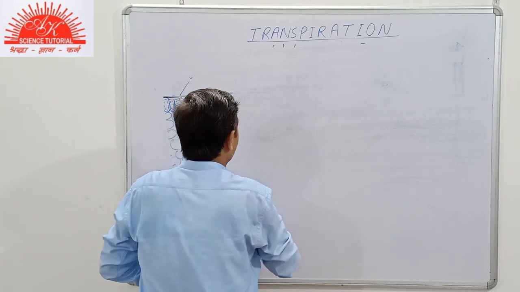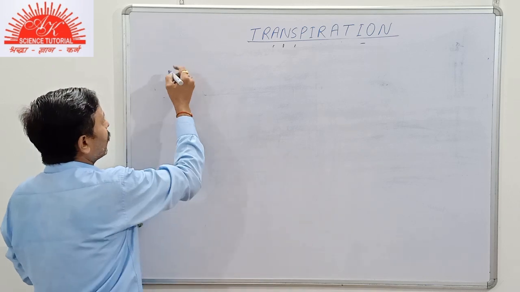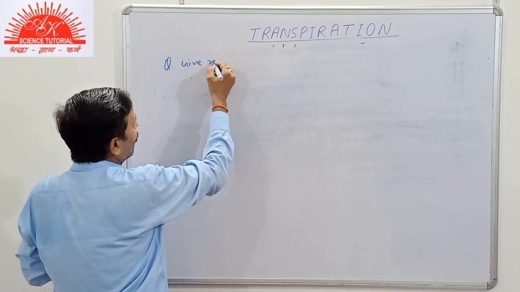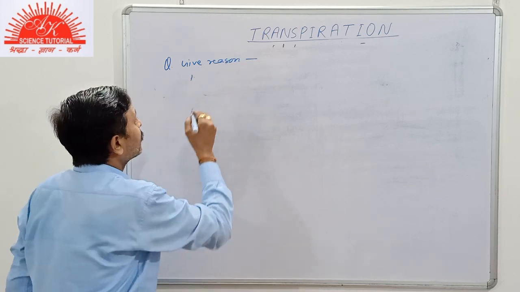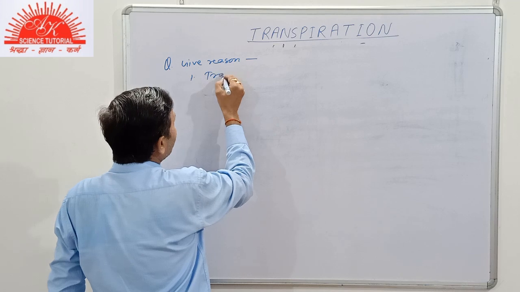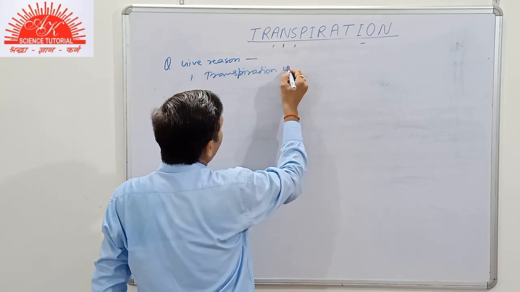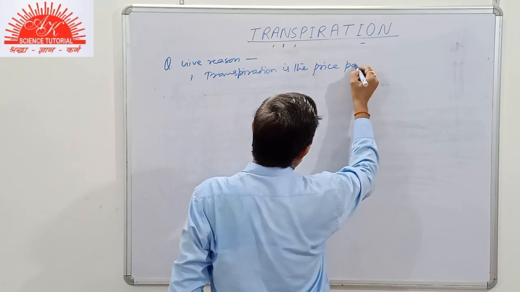And what is this question? First question here, give reason or explain. First point, transpiration is the price paid for photosynthesis.